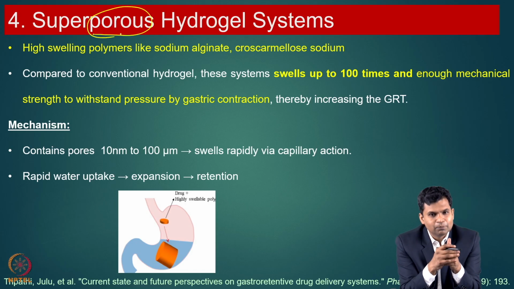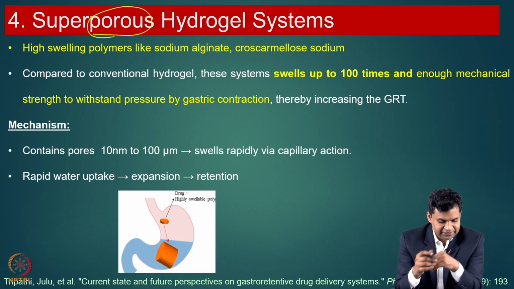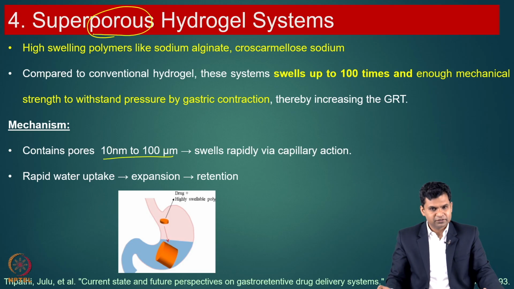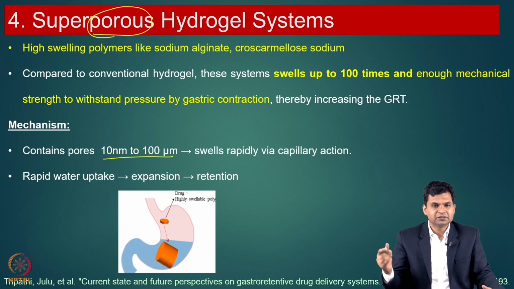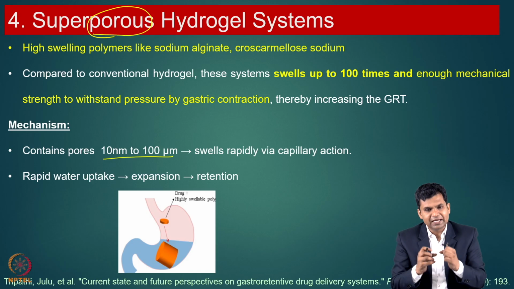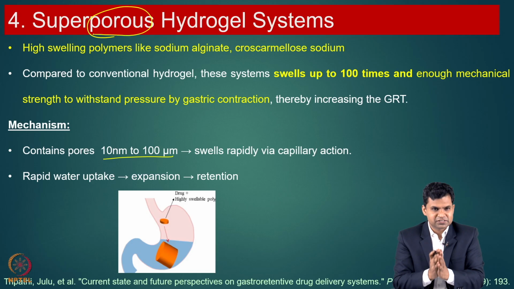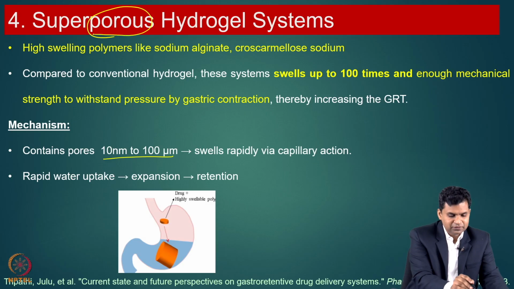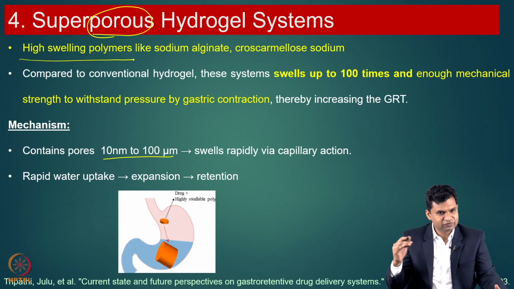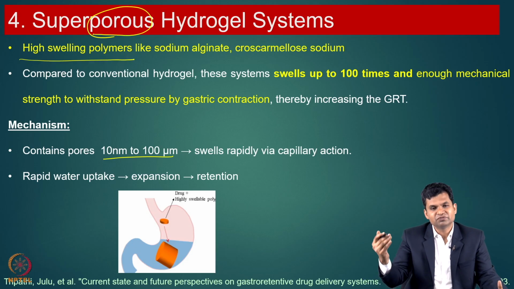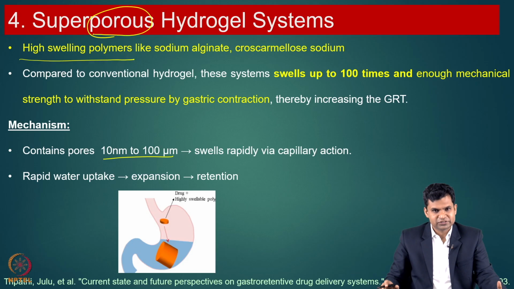It is porous in nature, with a pore size of 10 nanometers to 100 micrometers, and there are materials with more than 100 micrometers of pore size, which help in taking water into the systems. These are polymers which swell very highly compared with the conventional polymers we use for conventional hydrogels.